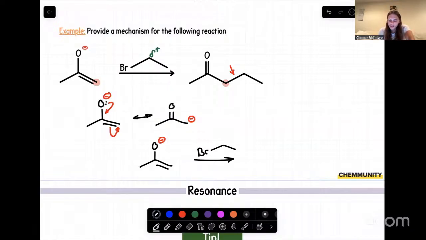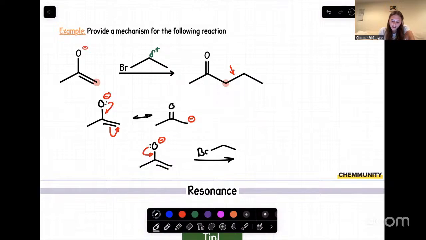Perfect. So what we can do to showcase the mechanism, more specifically how we can make this carbon nucleophilic, right? We can do this all in one step, where we have the electrons from that oxygen drop down as if we're showcasing a resonance form, right? And then these electrons in that pi bond will be our nucleophile.